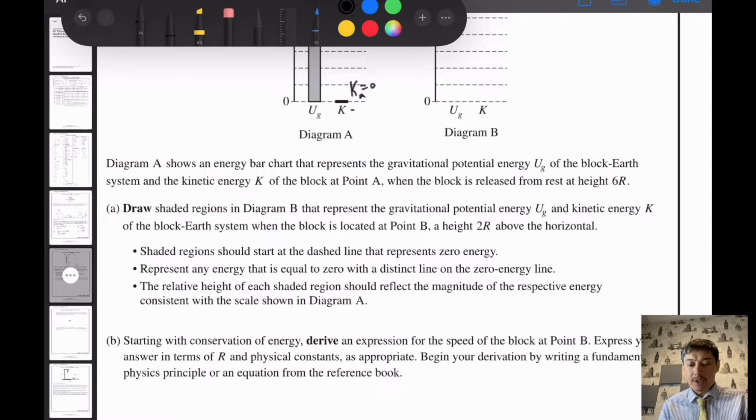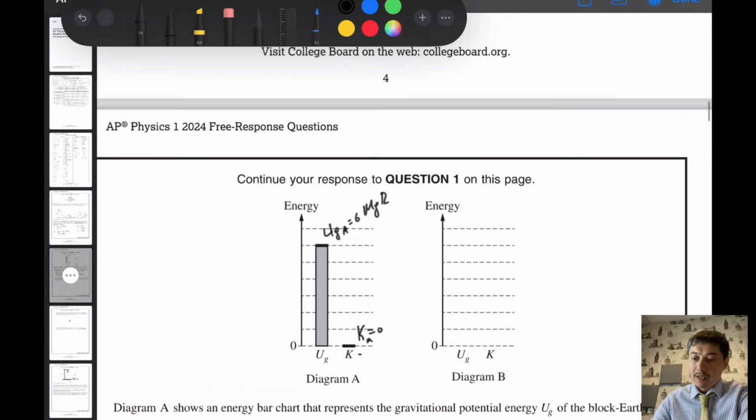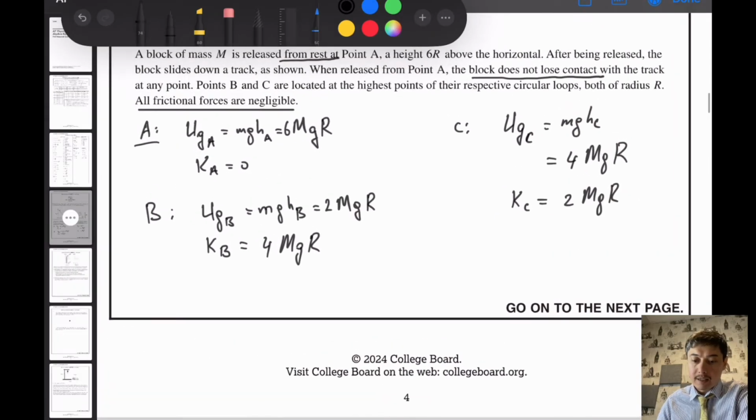Draw shaded regions in diagram B that represent the gravitational potential energy UG and kinetic energy K of the block-Earth system when the block is located at point B, a height 2r above the horizontal. Now, the analysis we have done previously can help us to draw the diagram.